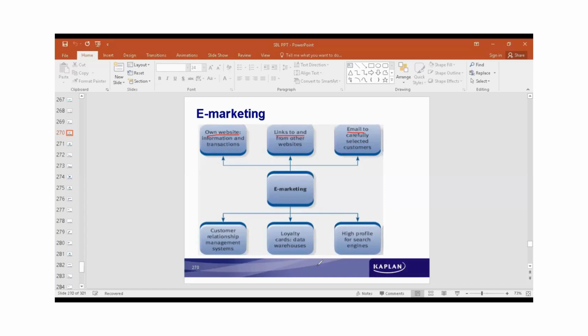So loyalty cards, then high profile for search engines. So through having SEO, search engine optimization, so high profile for search engines.